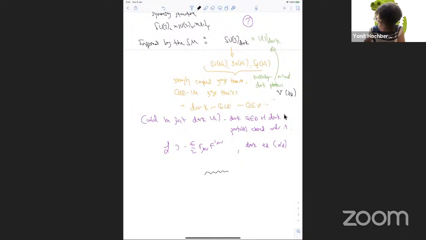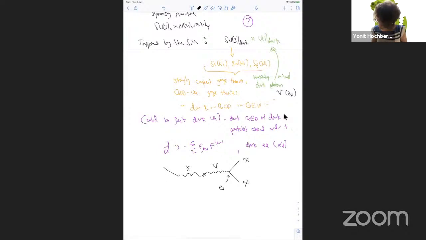So here's my vector V. And I have dark particles that are charged under it, so they interact. Here's my chi, the dark matter, or some other particles in the dark sector. They have some charge, and the strength of this interaction is governed by the coupling strength of this dark U(1). But because of this kinetic mixing term, here's my insertion of the kinetic mixing, and I can mix into the ordinary photon.